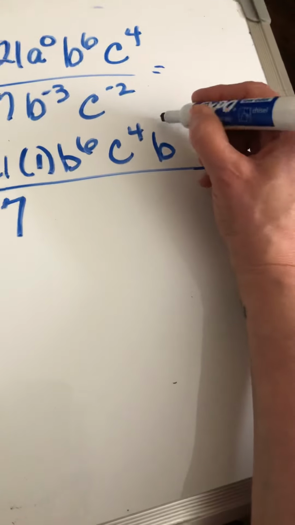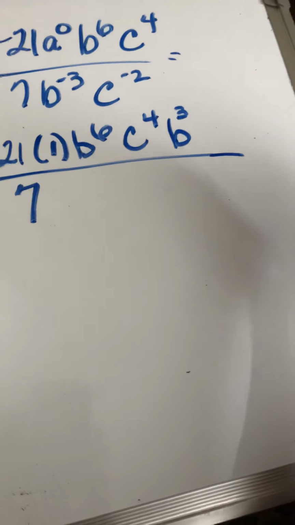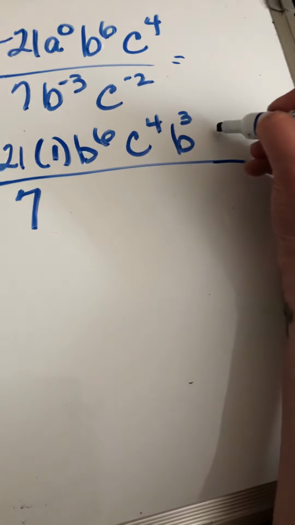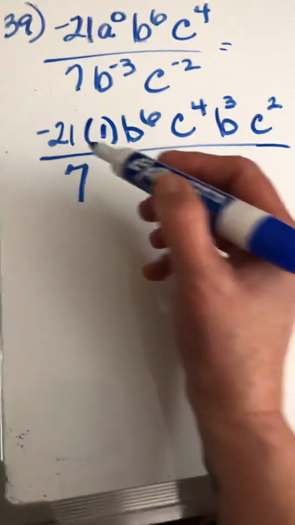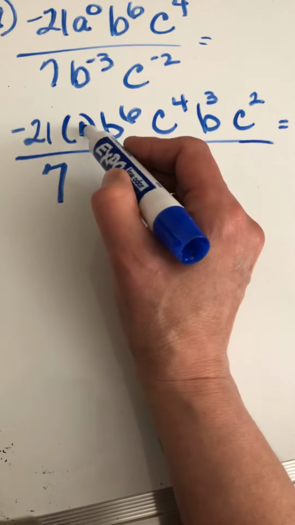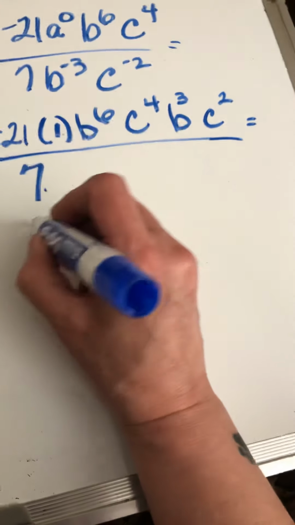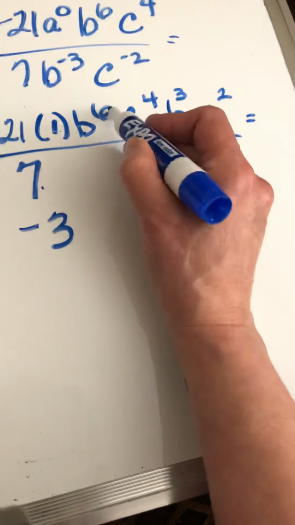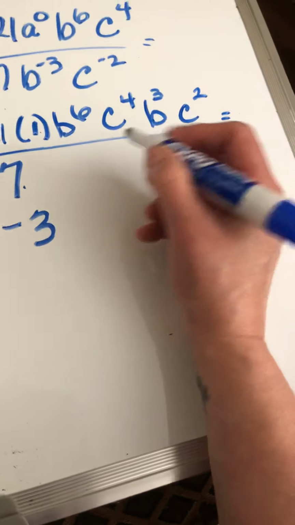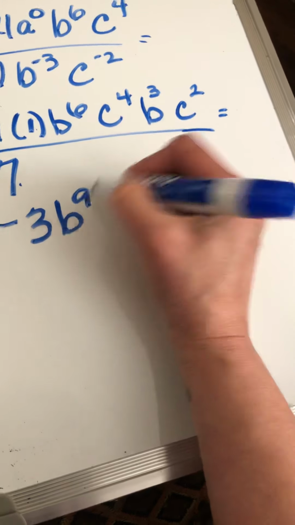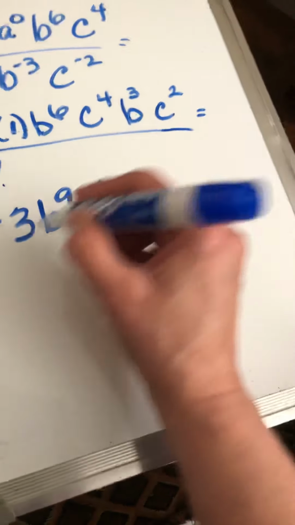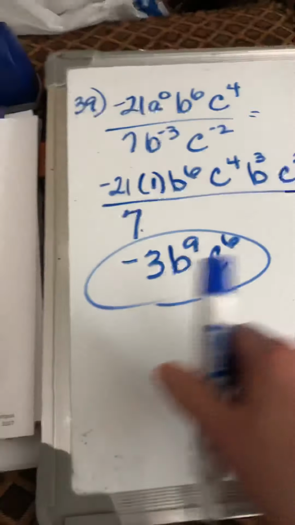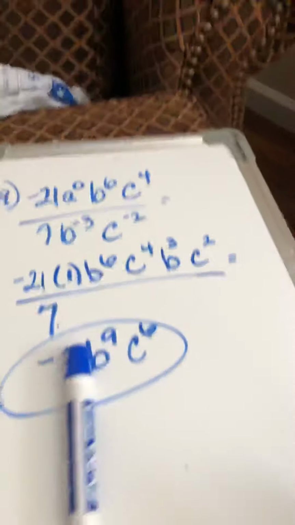They're reciprocal. They go up here. Look at these 2 c's, reciprocal. They go up here. Now everything's positive. I can continue to simplify. -21 times 1 divided by 7 is -3. I have 6 b's and 3 more b's, 9 b's, 4 c's and 2 more c's. That's 6 c's, and I am done with about a minute to spare.